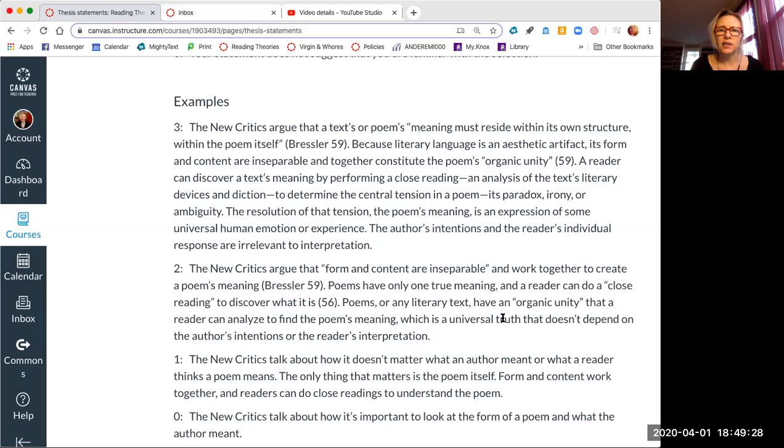And it walks through not the way the Bressler does necessarily, but through the idea really logically and very concisely. Again, it's well written, it's got quotations where it needs quotations, it's primarily in the writer's own words, and it captures the main or maybe 1 or 2 examples. So for example, paradox, irony, or ambiguity, examples of the central tension.